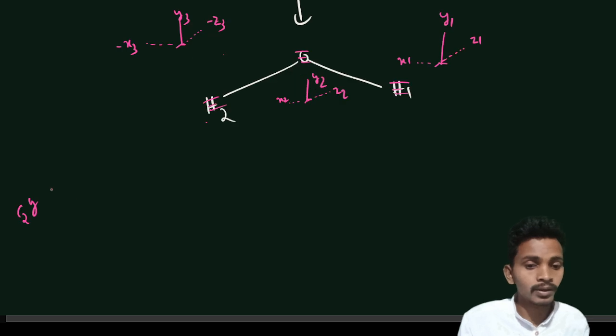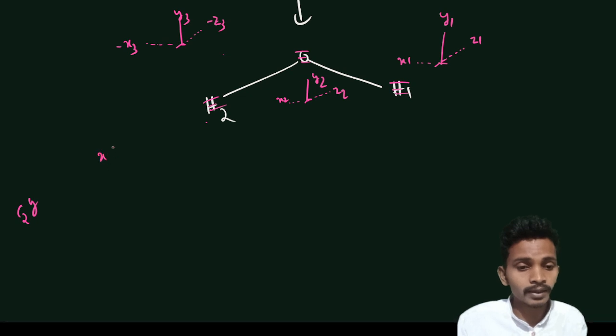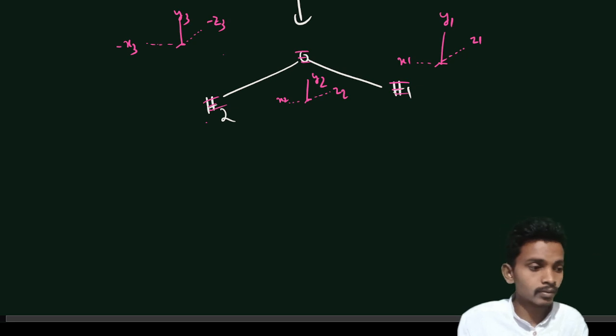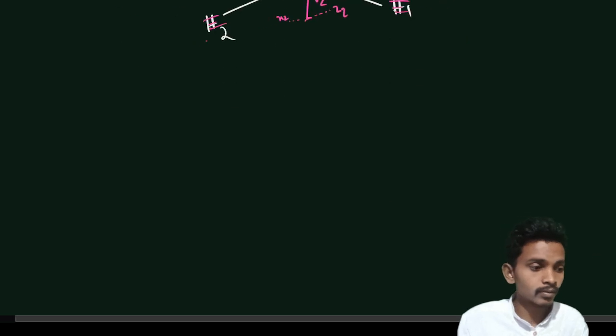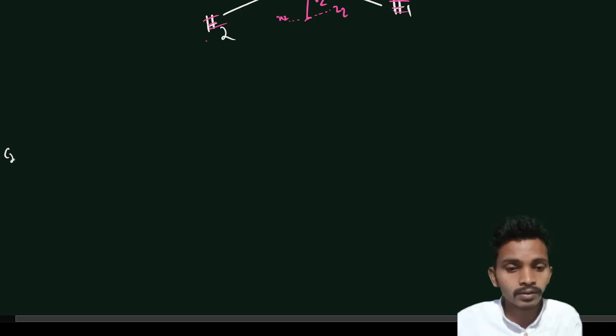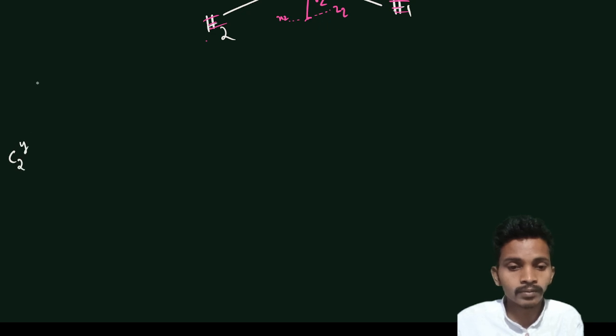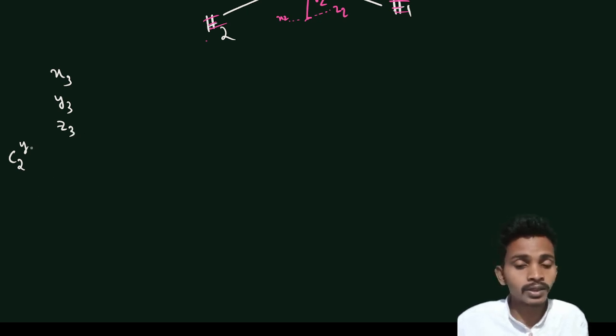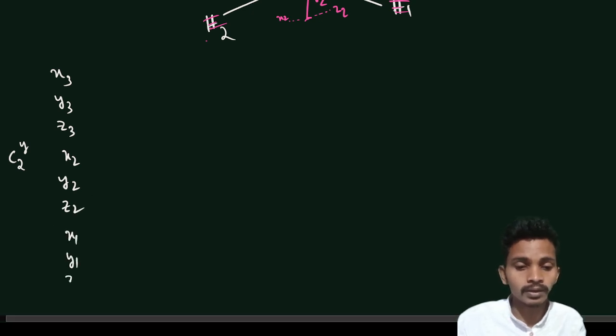So in place of x1, x3 has come, so I will write x3 here. For C2y, I write x3 y3 z3, and here the oxygen is not changed, so this is x2 y2 z2, and this came to be x1 y1 z1.